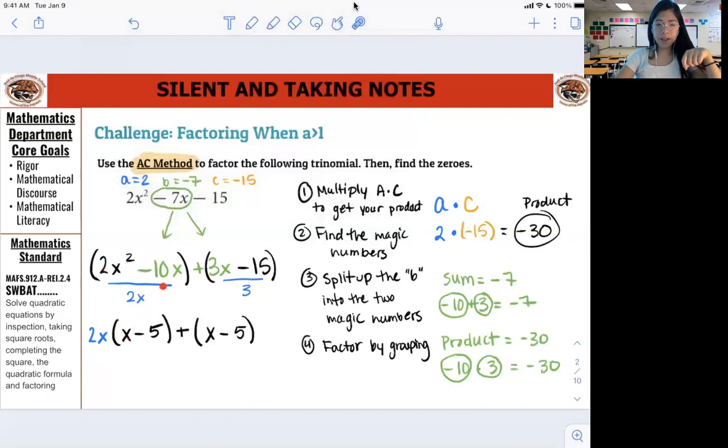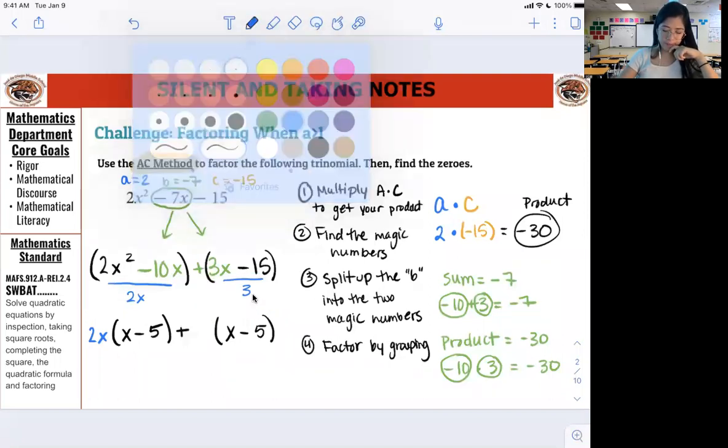Negative 10x divided by 2x leaves me with negative 5. Over here, 3x divided by 3. 3 divided by 3 is 1, so I'm just left with x. And then negative 15 divided by 3, I'm left with negative 5. Oh, and I forgot, my bad. I forgot to bring this 3 right here, doesn't go anywhere, it just goes to the front.